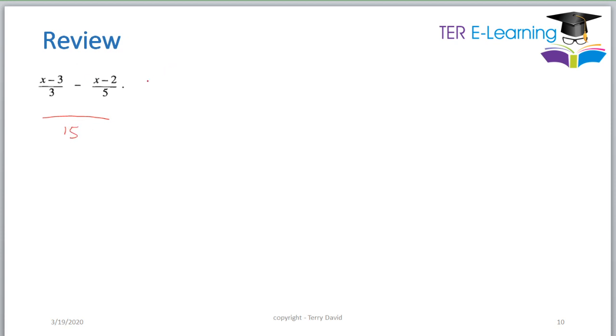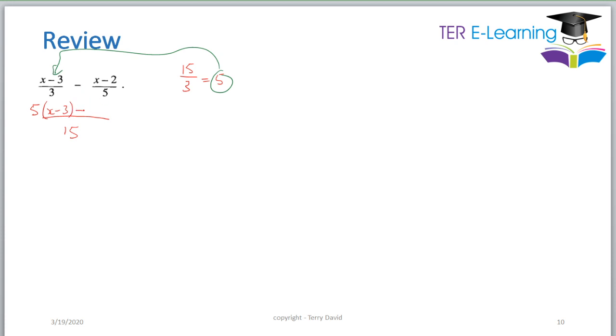Now, just like we did in the question previously, we're going to say 3 into 15, or 15 divided by 3 is equal to 5. Then you're going to take this 5 and multiply it by the top part here. So this is 5 multiplied by x minus 3.